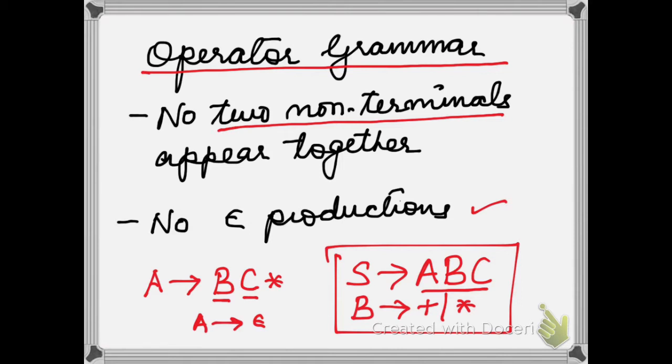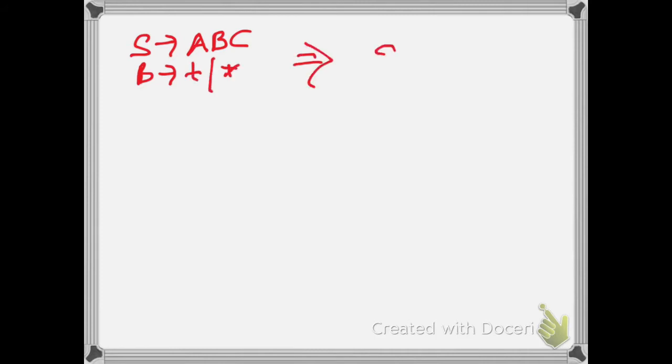If these two rules are satisfied, then the grammar that you have is an operator grammar. Now, this particular grammar is not an operator grammar, but we can convert it into one. How? If I replace B by the terminal symbols that it represents. I had S derives A B C and B derives plus or multiply.